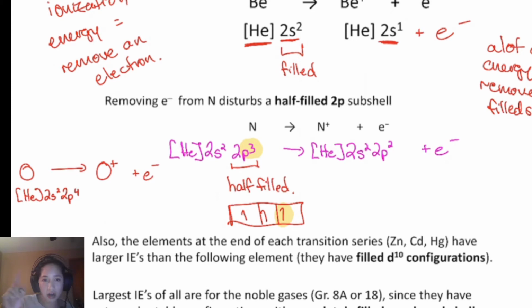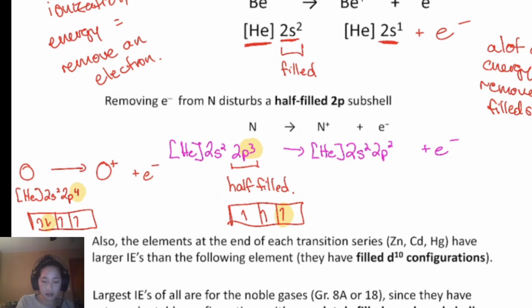Now let's compare our half-filled nitrogen example to oxygen. We're going to remove one of the 2p electrons. So if I draw out the electron configuration here and follow Hund's rule, you can see that we can remove this one lonely electron that's spinning the opposite direction as the rest of them.